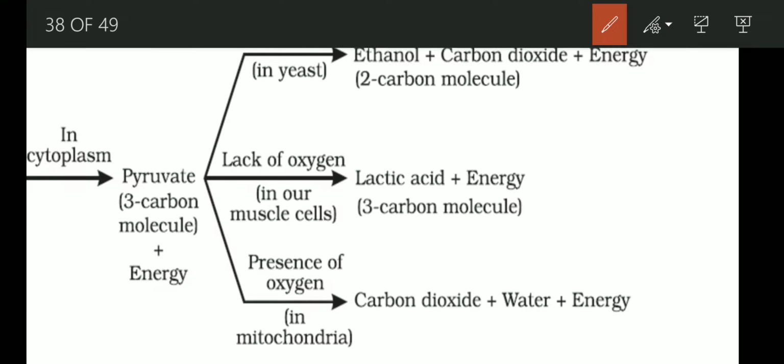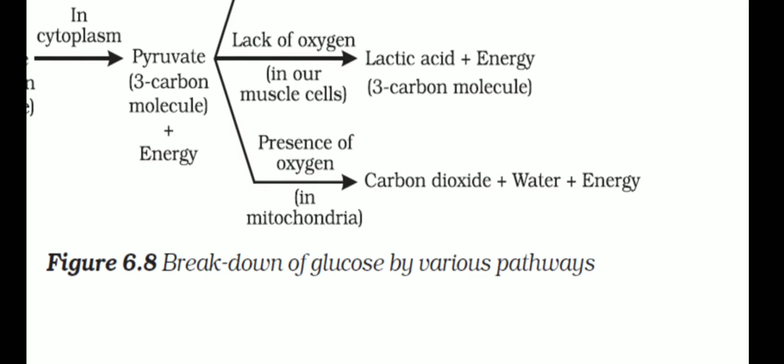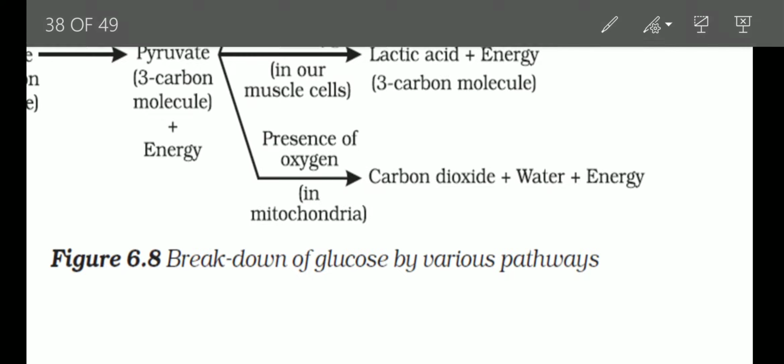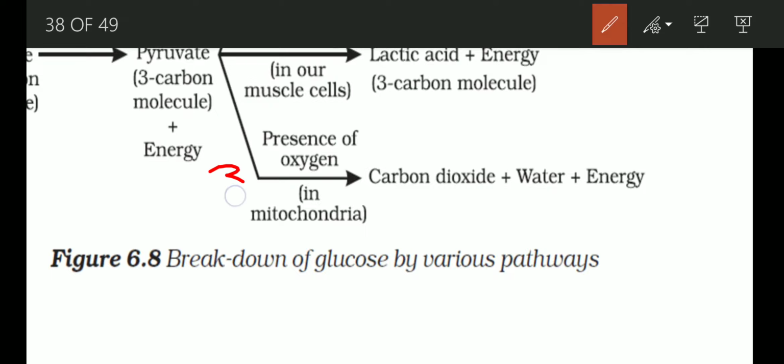That is our next type, third type. Let's move to the third type. That is the last type. Here, this one, third type. Again we have pyruvate. This pyruvate in the presence of oxygen. The above 2 reactions, in one there was lack of oxygen, in one there was absence of oxygen. But in this case, oxygen is present.